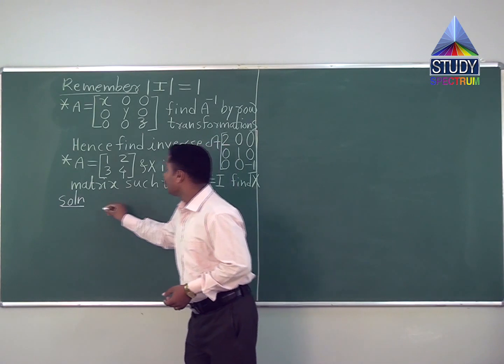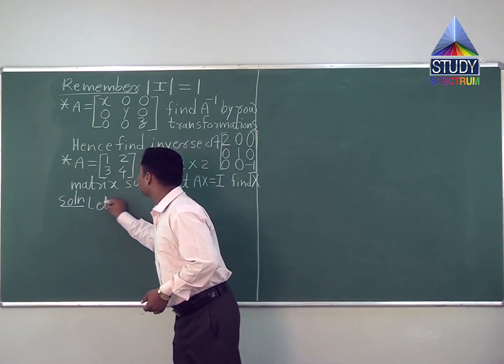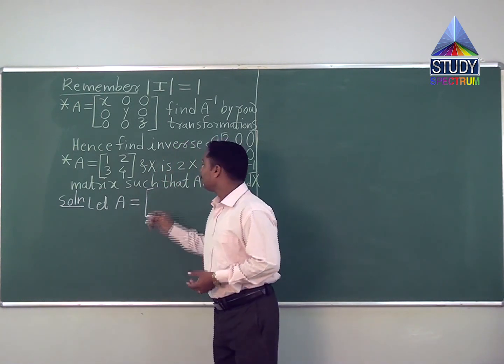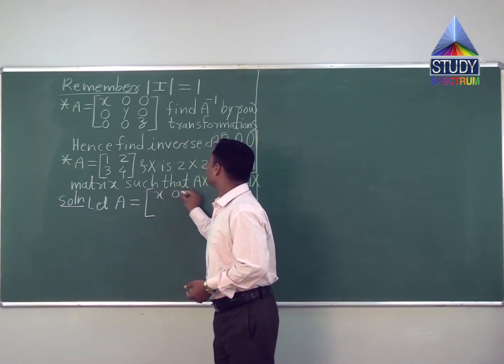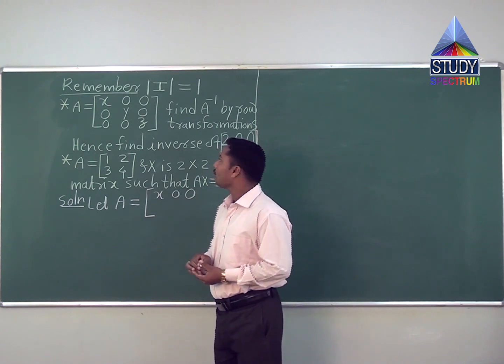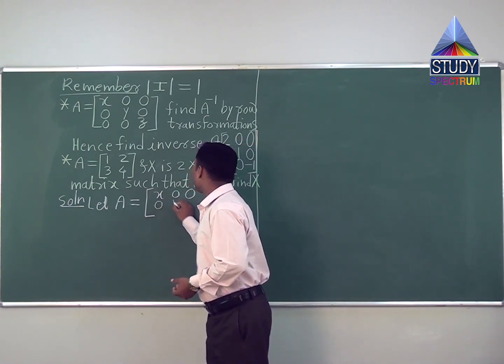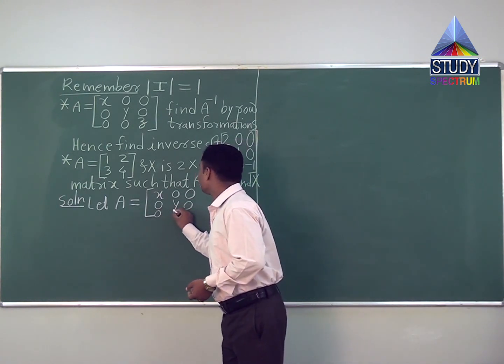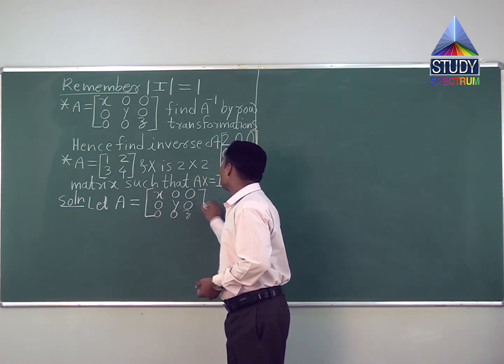Let A equal the given matrix: x 0 0, 0 y 0, and last 0 0 z.